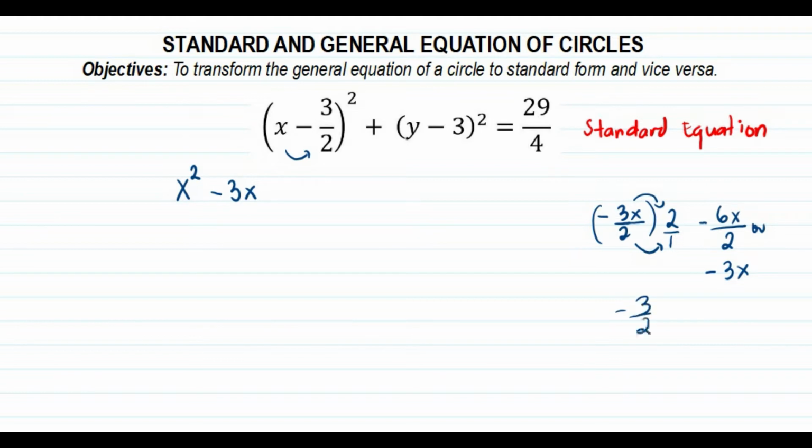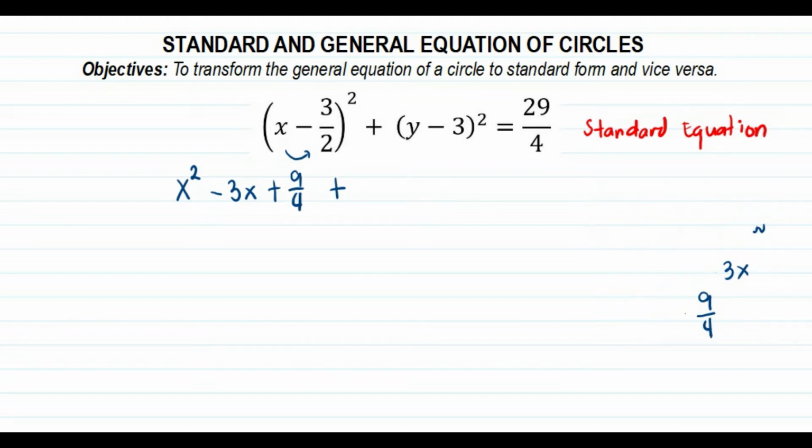Negative 3 halves squared is equal to 9 fourths plus 9 over 4 plus square the first term of y squared, then multiply the first and second term, negative 3y, then get the product of negative 3y times 2.